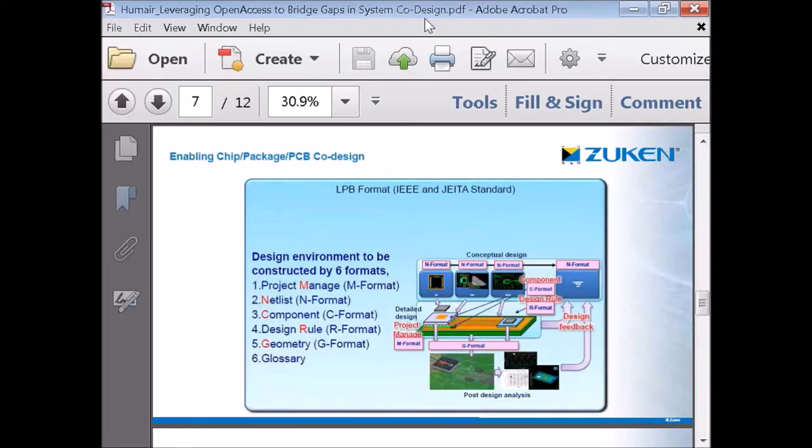So we've been working initially with IEEE and JEITA for this format called LPB, and we're looking to work in the co-design work group as well to see if we can help support it with the efforts that we have here with a unified data model that has the information for the net list, the geometry, the component information, the design rules and such. So I'll explain about how we're using that as well. So if we can go to the next slide.